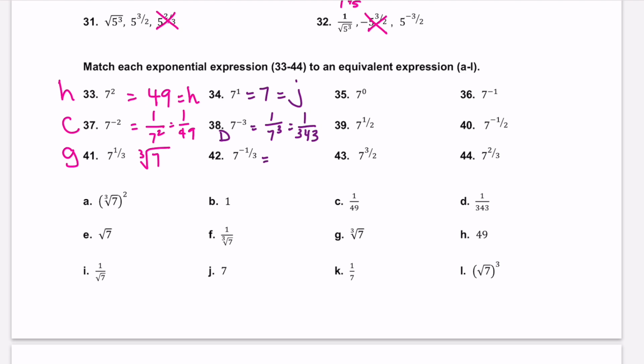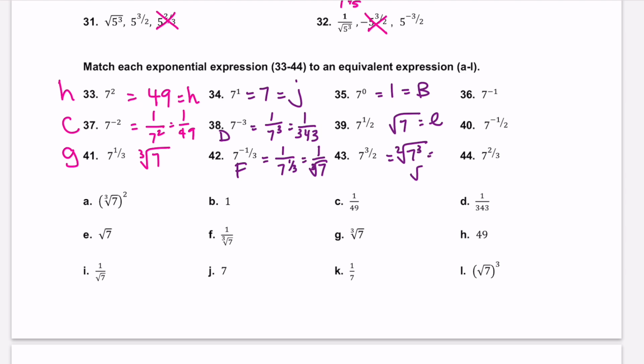7 to the negative 1/3 is going to be 1 over 7 to the 1/3, which equals 1 over the cubed root of 7. That will be F. Anything to the power of 0 is 1. That will be B. The 7 to the 1/2 power is the square root of 7. We're looking at E. 7 to the 3/2. That will be the square root of 7 to the 3rd.